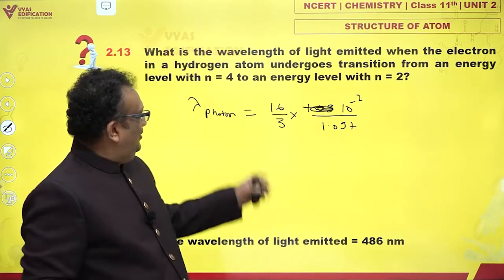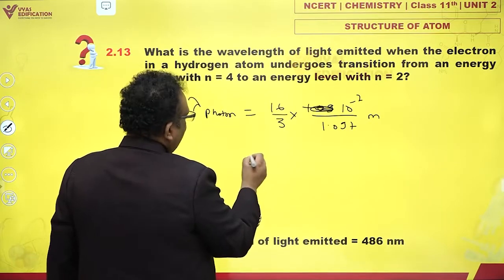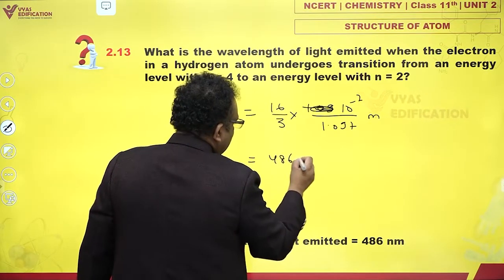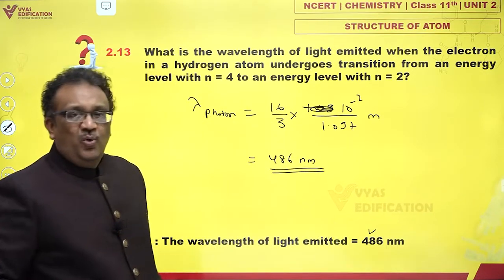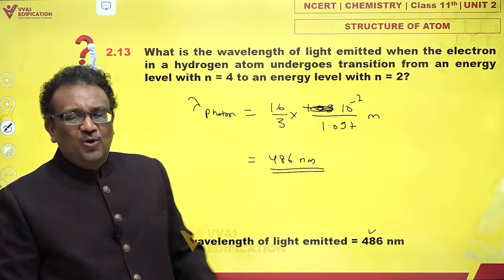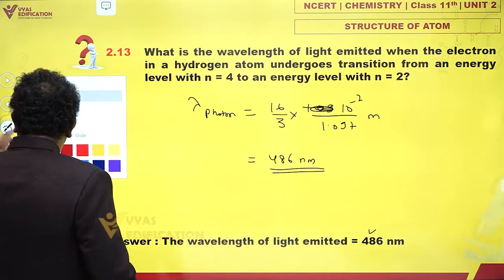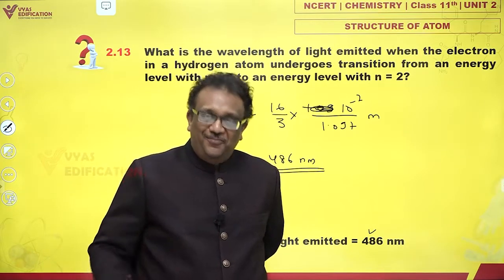Let's solve this out, so many meters. And this comes out to be 486 nanometer on solving. You want to get to the exact number? How did I calculate? Calculation obviously is left to you. But if you want me to show the calculation parts also, I would love to help.